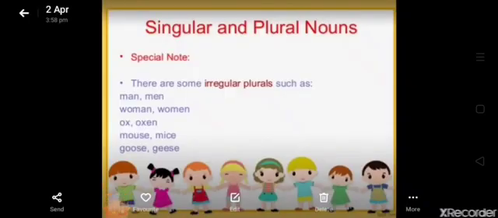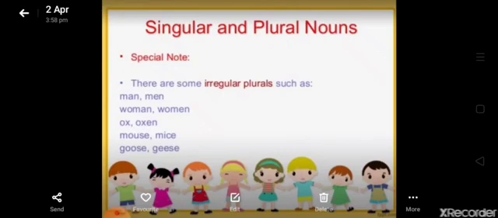Now in this clip you can see a special note. There are some irregular plurals such as man, woman, ox, mouse, goose, child. These are some singular words which we have to always remember: man is always men. Why are we not going to put s?